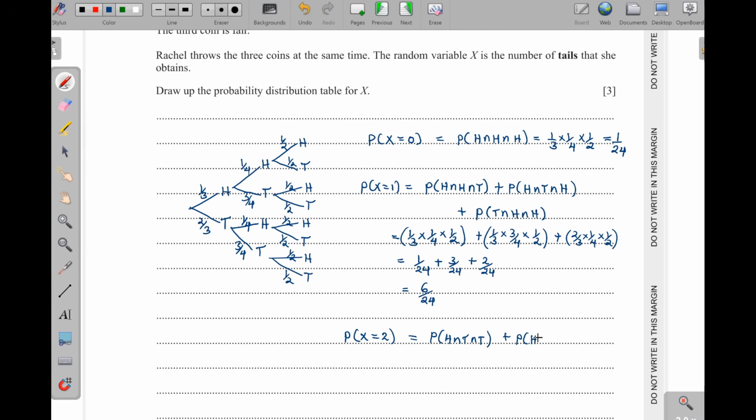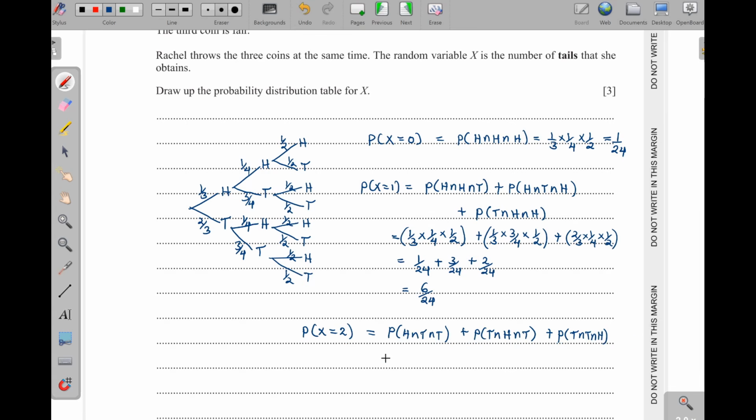Then it is going to be tail, then head, and then tail. Then lastly we have head, tail, tail, head.